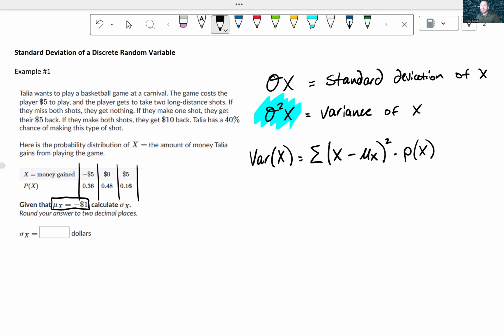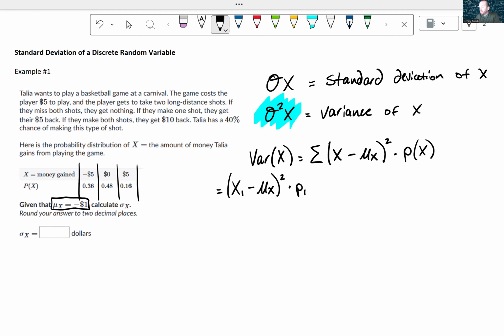Actually, let me expand this formula first before we start plugging stuff in. If we expand this sigma formula for variance, it becomes x1, our first data point, minus the expected value of x, squared, times the probability of our first thing happening. I'm just going to write it as P1.